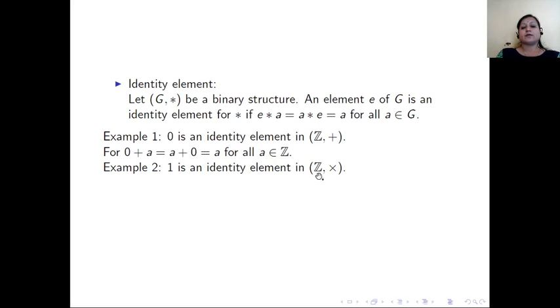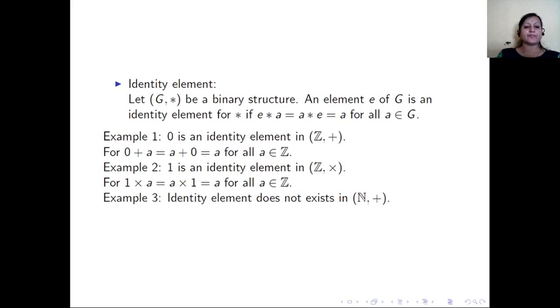For binary structure Z under multiplication, 1 is the identity element, since if you multiply any element A by 1, result is going to be A. Therefore, 1 is the identity element in the binary structure Z multiplication.